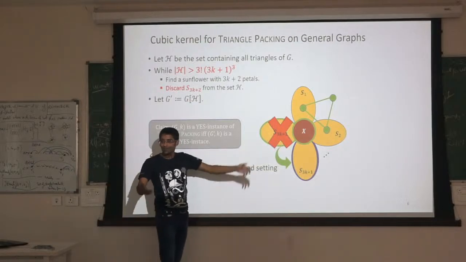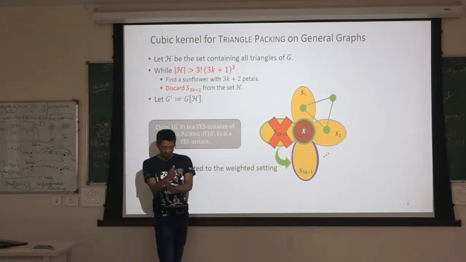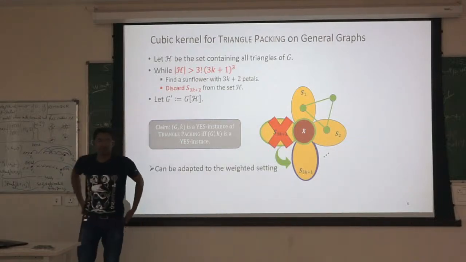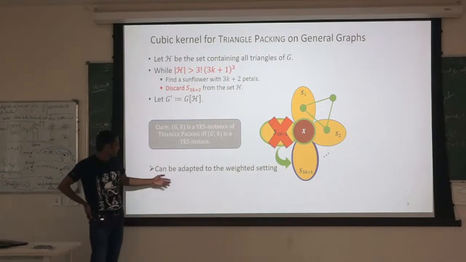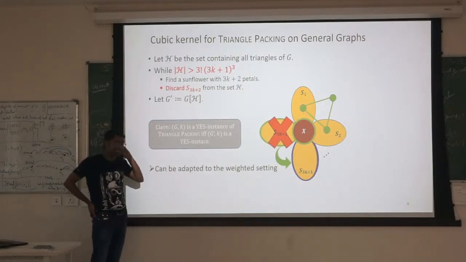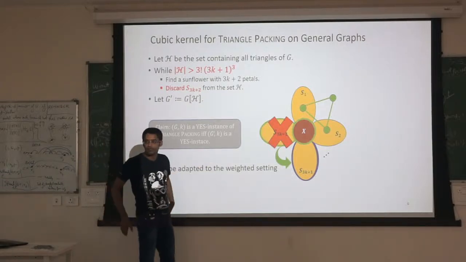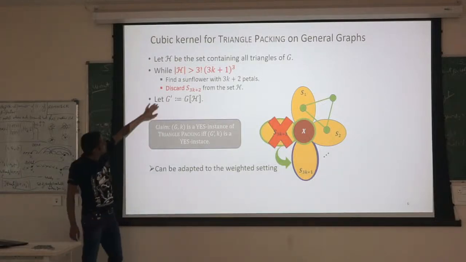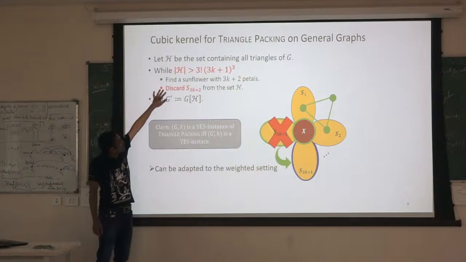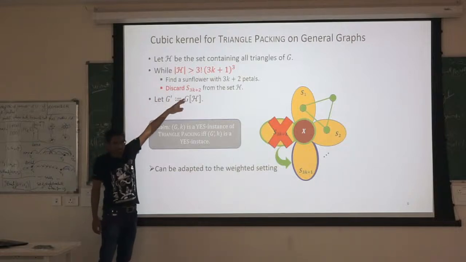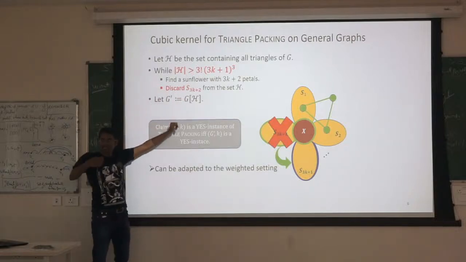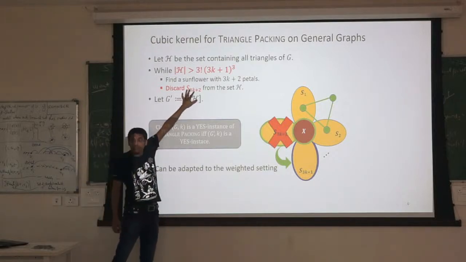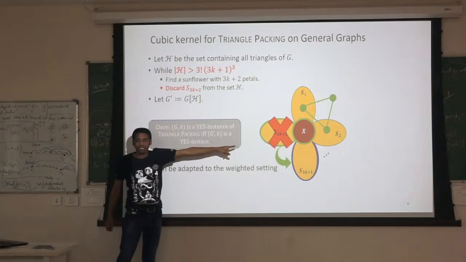In the subgraph, if you have k disjoint triangles, then they are also in the larger graph, so that is not very interesting. But the interesting thing about this one is that it can also be adapted for the weighted setting. It's not hard to come up with this. You just have to ensure that you do not arbitrarily delete S3k plus 2, but delete the triangle which has the minimum weight, so that this replacement argument works.